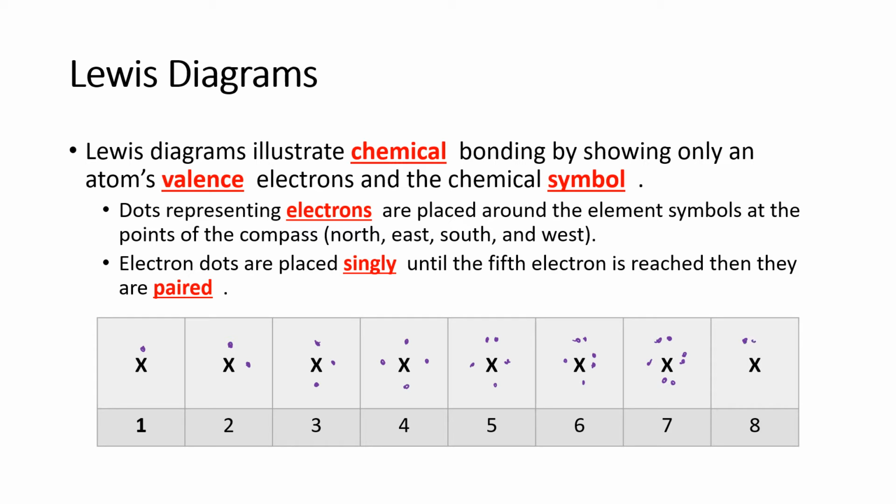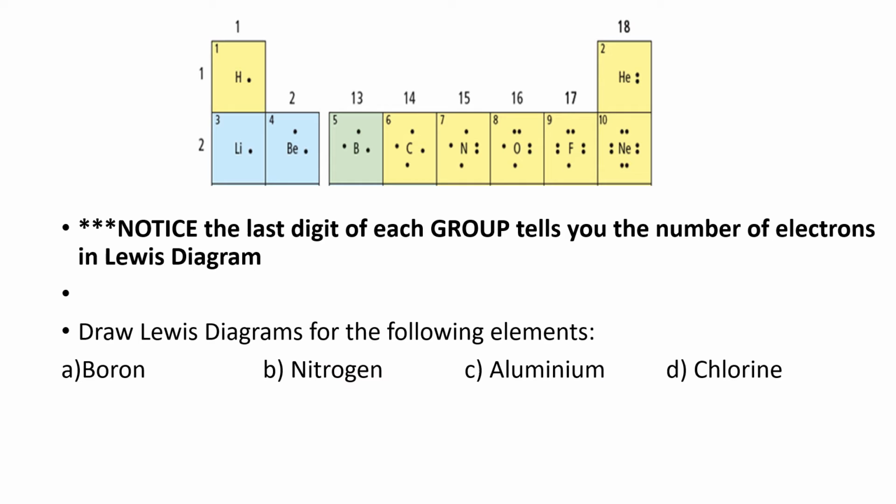And number 8, I'm not going to bother doing one of each because they're all full, so 2 at each point. So you work your way around, adding one at a time until you're at 5, and then you start doubling up.